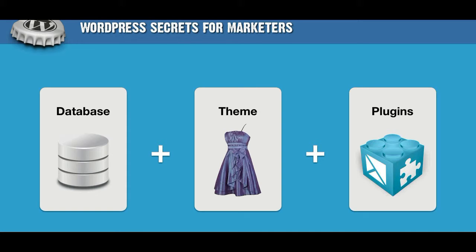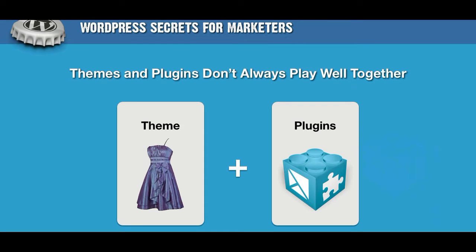Now, the big thing to understand when it comes to themes and plugins is that they don't always play well together. And that's because WordPress is this open source program, more or less. Anyone can create a WordPress theme, anyone can create WordPress plugins. It's kind of fast and loose.